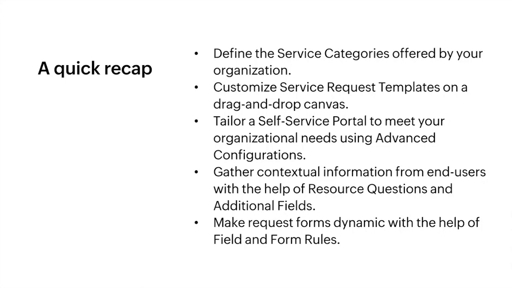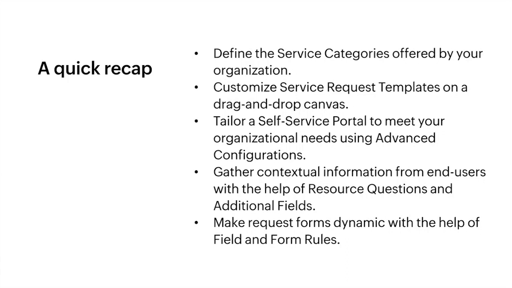Now, what we have seen so far is a quick recap here. We have already dragged and dropped and created a service request template, and we have showed you how to build a new self-service portal, and on how to define a service category, please follow the 6-step process on gathering information, defining the fields, and making request forms more dynamic.